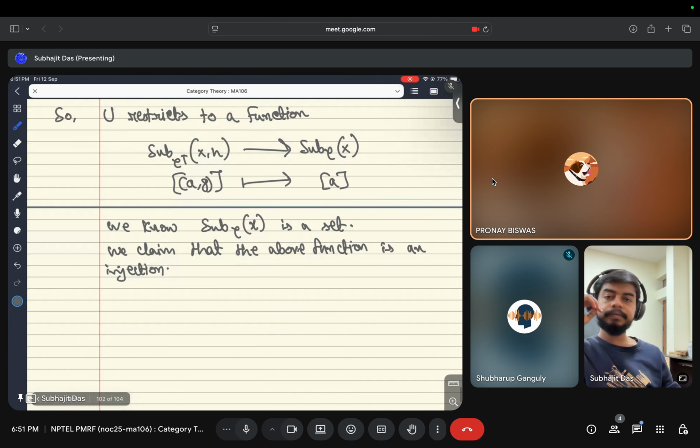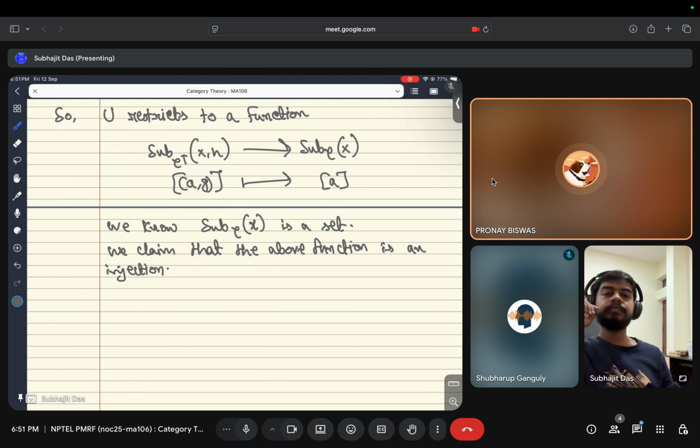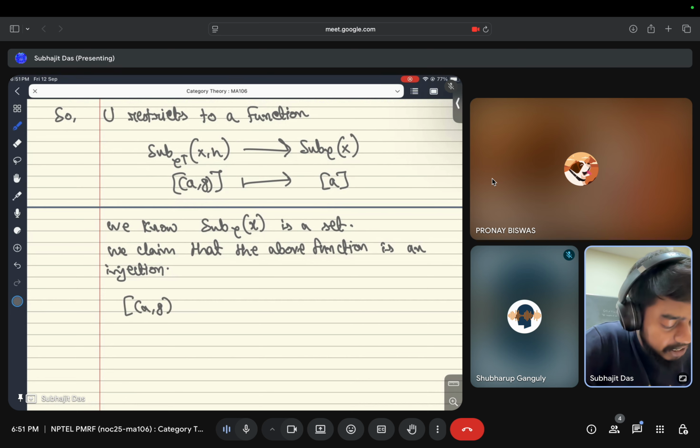Take (A, G) and (A', G'), together with arrows.